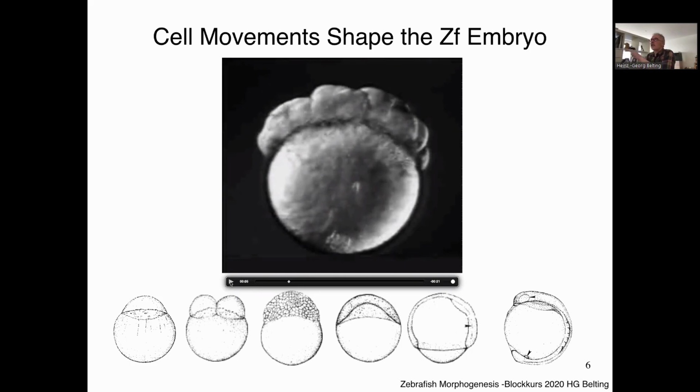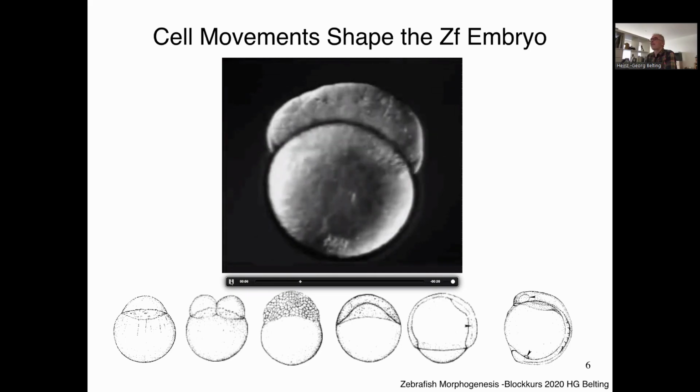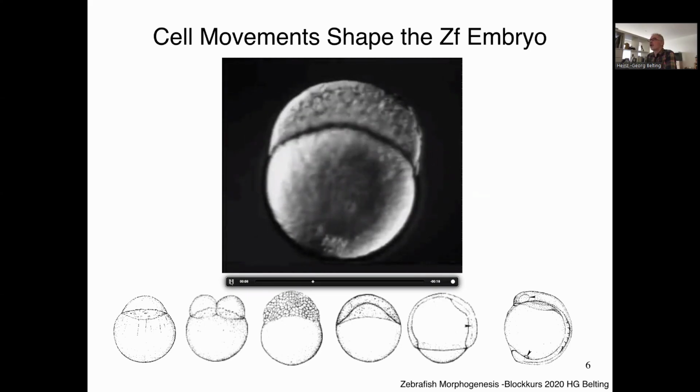That goes on until about this stage, from 32 to 64. Then you have a new division plane, and you have cells that are on top of each other. So you have a second layer of cells.